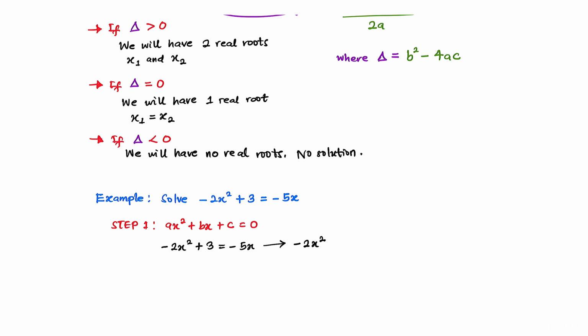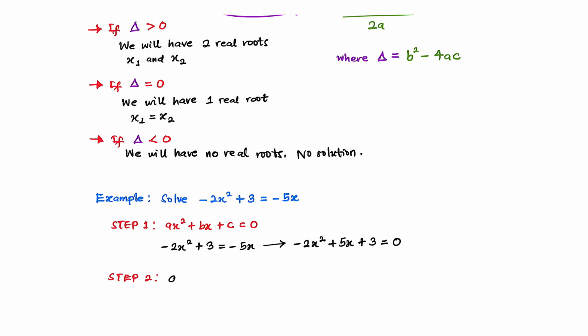Bring this minus 5x from the right to the left, it will become plus 5x, and then we have plus 3, and we are left with 0 on the right hand side. Now the equation has been rewritten in the general form or the standard form, so it is easier for us to determine the values of a, b, and c, which is step 2.